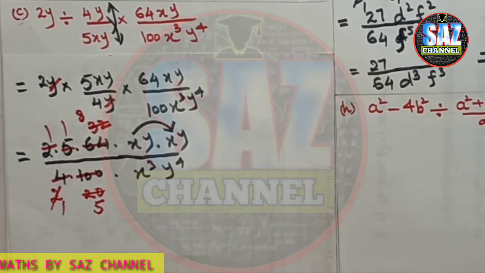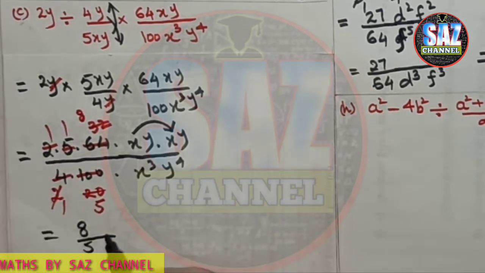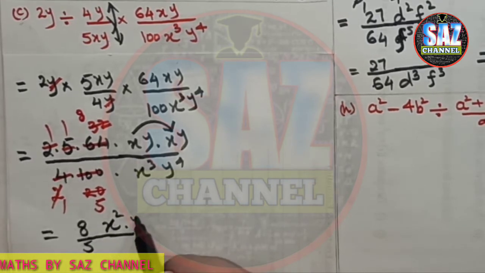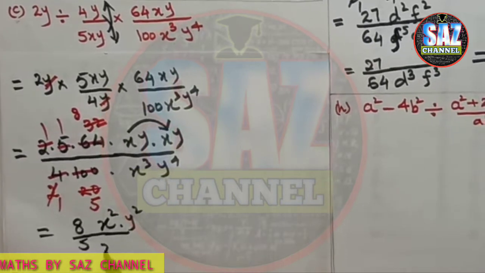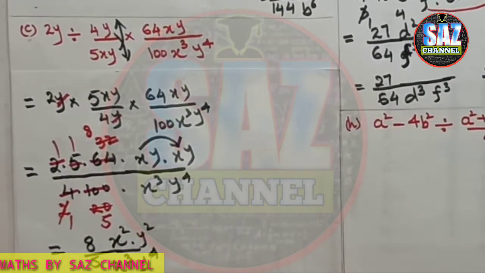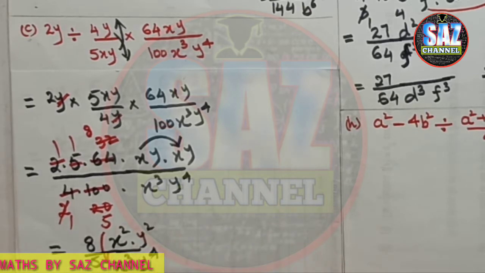So from the constant coefficients, I will be left with 8 by 5, and the variables x multiplied by x can be written as x square, and y multiplied by y can be written as y square upon x cube and y4. Now, if we look at the x terms in the numerator and denominator, we can see that we can apply the division law of indices with same bases, and same for y.